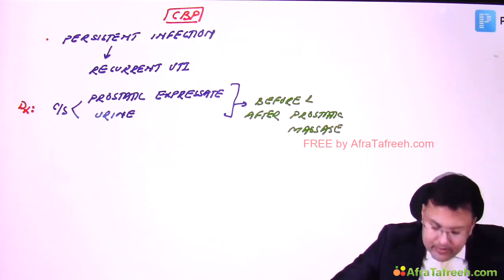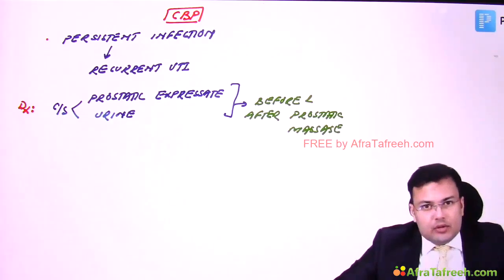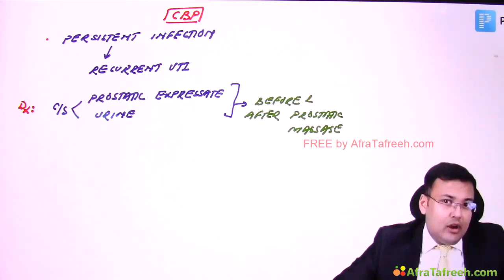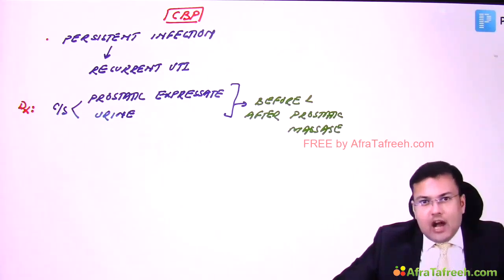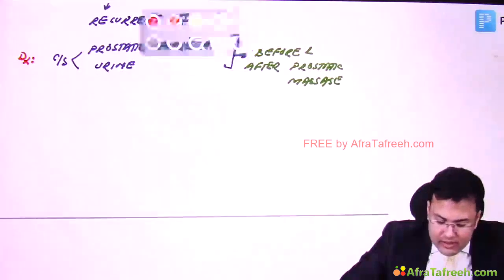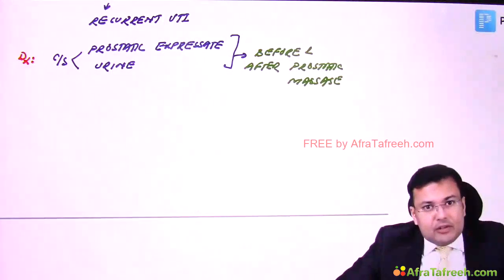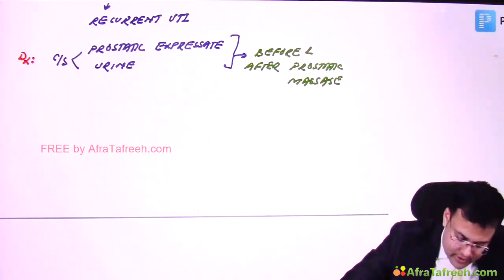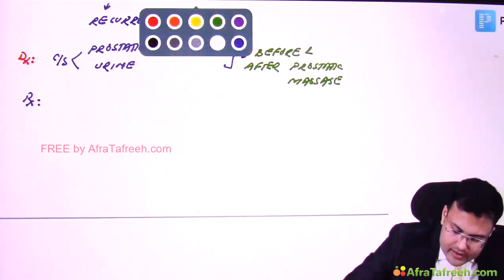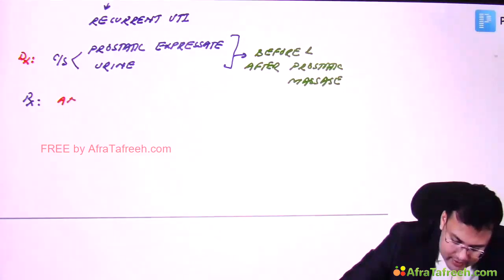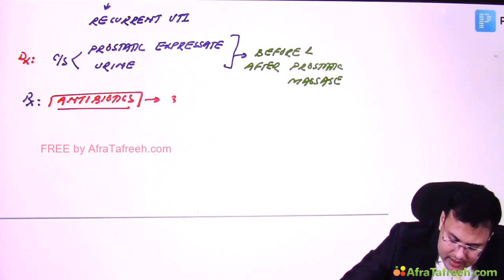Clear? And on the basis of the culture and sensitivity report, we have to give antibiotics for a longer duration. How much duration? We have to give the antibiotic for 3 to 4 months. So the treatment here, antibiotics are given for 3 to 4 months.